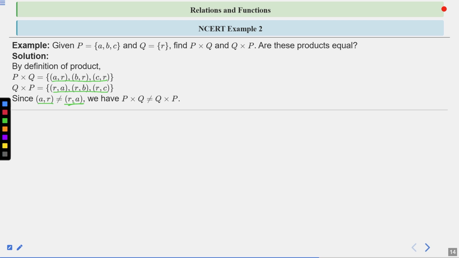If you have 2 pairs, they are the same when the first element is the same as the first element and the second element is the same as the second element. Here we have the opposite. A is not the same as R and R is not the same as A. So not equal. Clear? So in general, what you can conclude is that P cross Q is not the same as Q cross P. In general, the Cartesian product is not commutative. Clear?